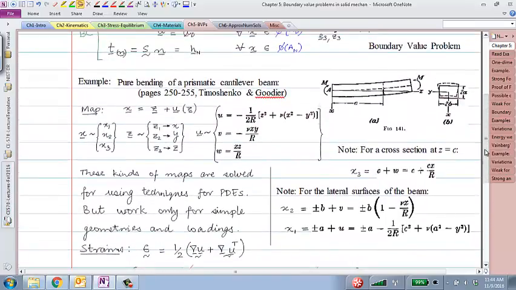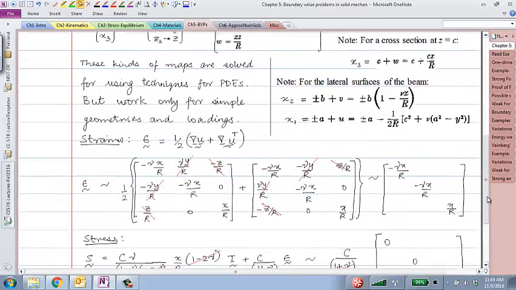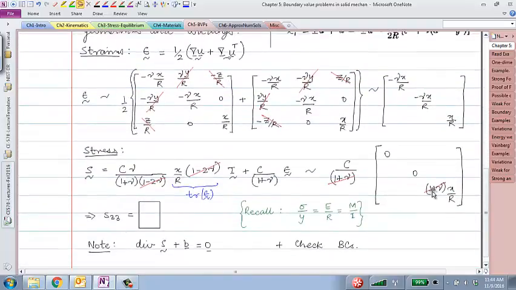Does that make sense? If I have a cantilever beam under pure moment, the only non-zero component of stress you would have would be on the cross section only in the 3-3 direction. Make sense? So with that, we can say that S33 would be C times x over R. And hopefully that should look familiar to you.